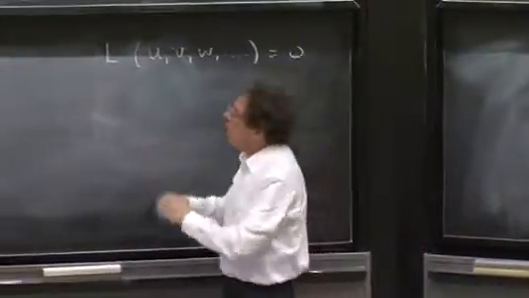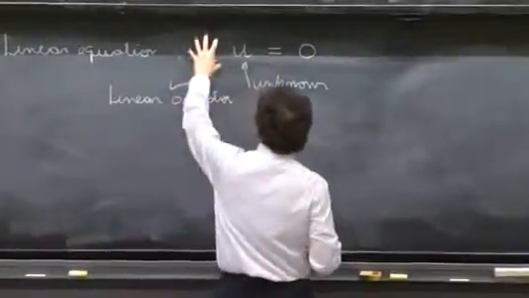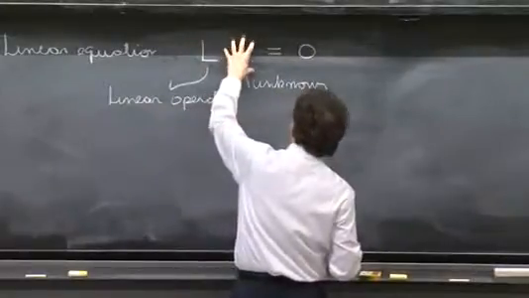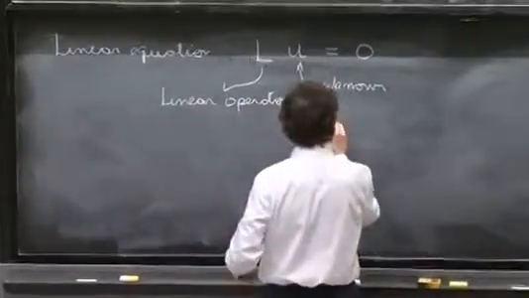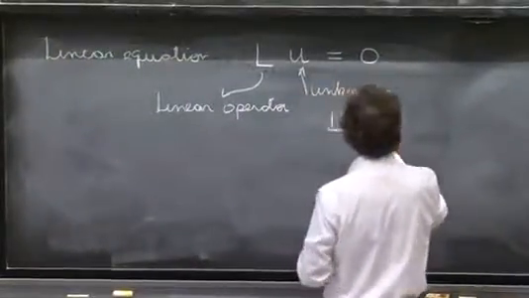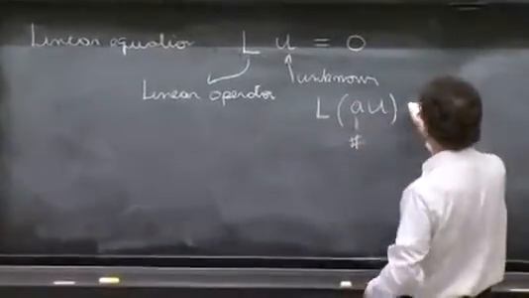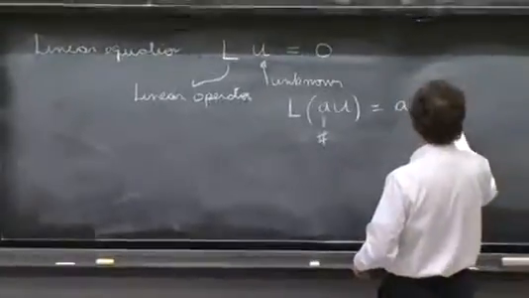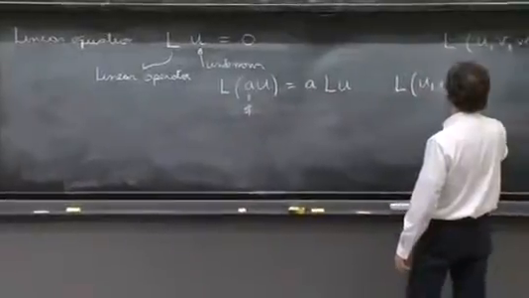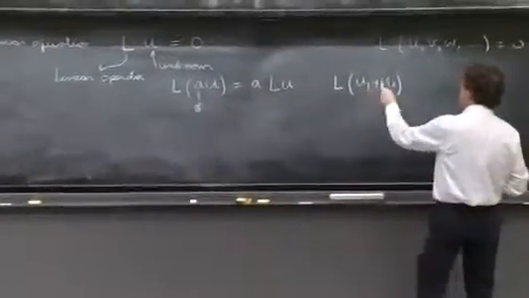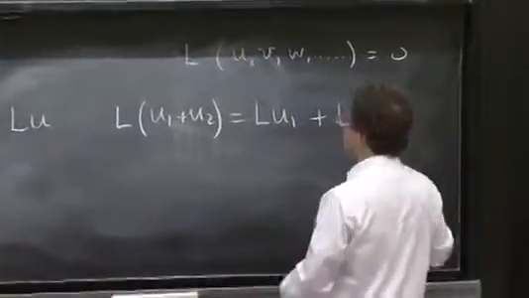So what is a linear equation? The unknown can be anything, but L must have important properties. Being a linear operator means that L on A times u, where A is a number, should be equal to A times Lu, and L on u1 plus u2 is equal to Lu1 plus Lu2.